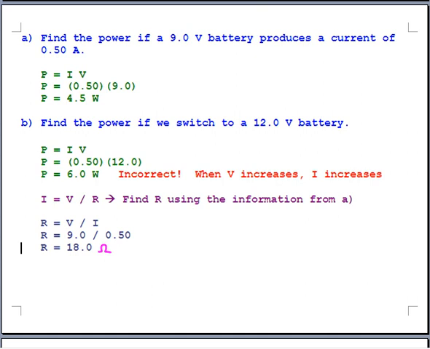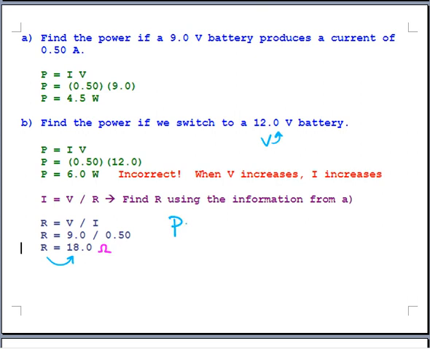Do we even need to go find what that increased current is? Because what's cool is if you think about part B, we know the voltage is 12 volts. We just found the resistance. Is there a way we can find power just with those two things? And the answer is yeah, you definitely can.